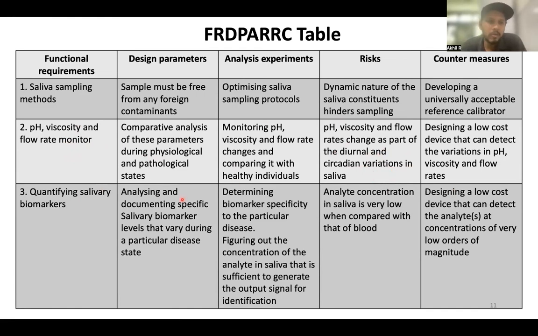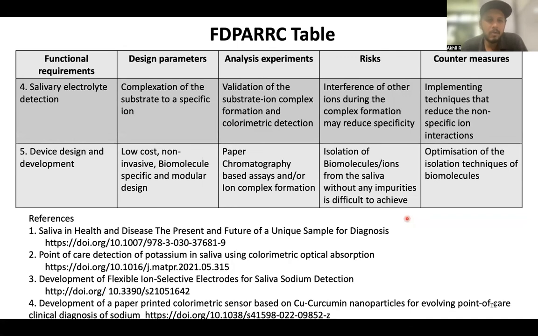And then we also checked for quantifying the salivary biomarkers. And since the salivary biomarker concentration is extremely low, the detection limit is the major criterion which we will have to look for.